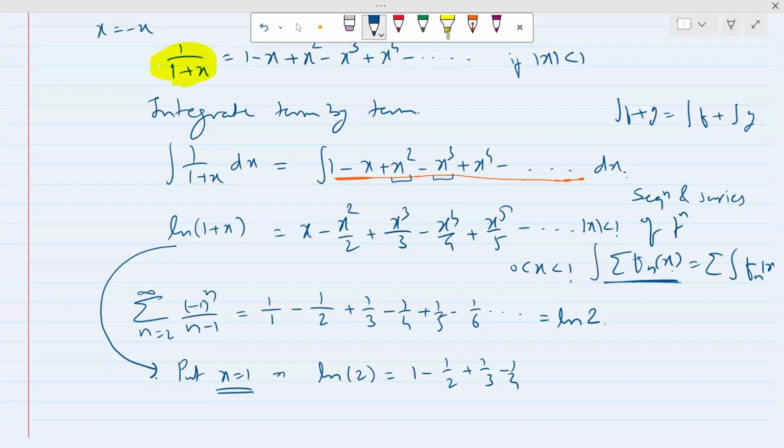Okay. So one question I wanted to ask is that we are saying that this expansion is valid for mod x less than 1. But still we are substituting x equal to 1 here. Is there any reason for this?